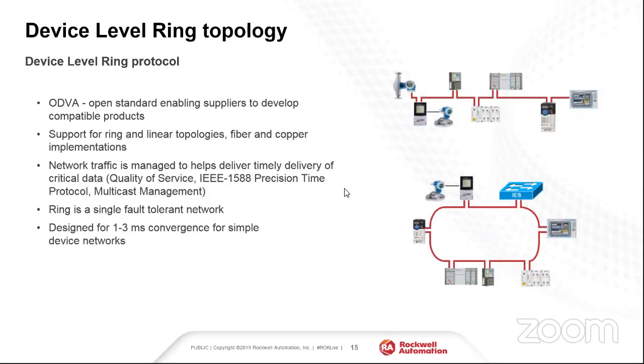It's designed for 1 to 3 millisecond convergence times, which can be pretty quick. Some other examples we'll see later on today are faster, but this is for 1 to 3 milliseconds. And to the right, you'll see a linear topology, and then below that the topology of a ring setup.